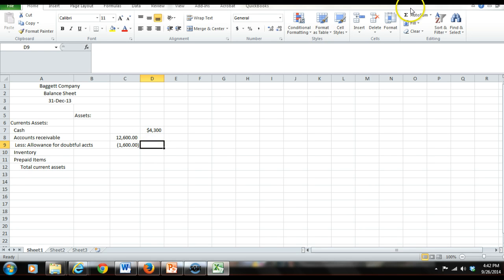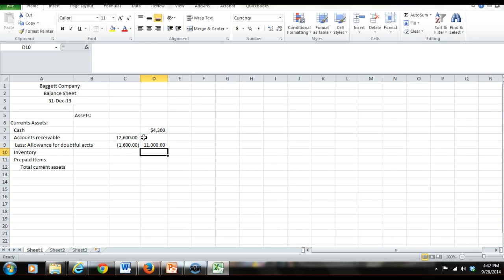So our accounts receivable minus our allowance gives us a balance of $11,000 on our accounts receivable. Our inventory is at $7,400. We've got prepaid items here at $1,800 for a total of current assets of $24,500.